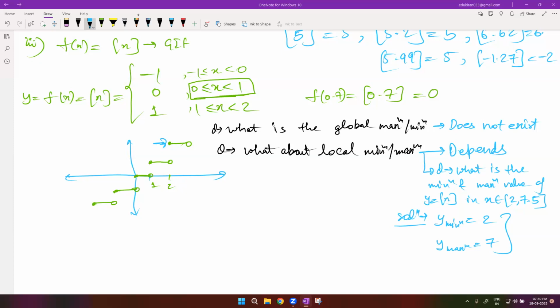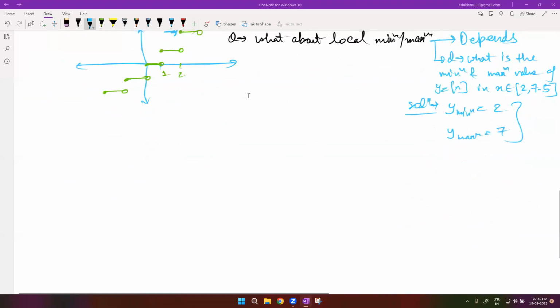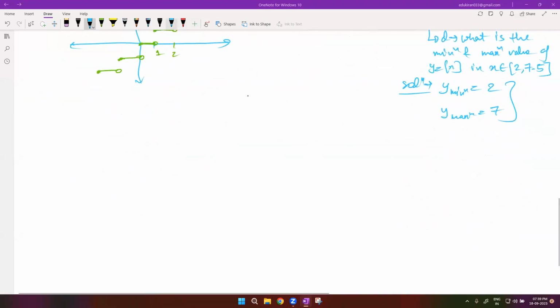So this is very important to note here as well. How do we find out? So the question is, how to find out extreme points? Important question like this.